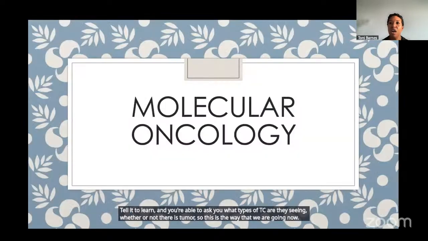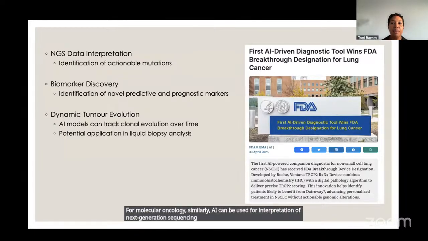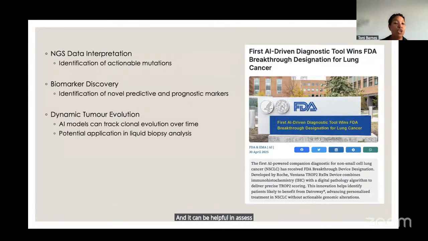For molecular oncology, similarly, AI can be used for interpretation of next generation sequencing data, for example. It can be used to discover new biomarkers for the treatment of cancer, and it can be helpful in assessing tumor evolution.